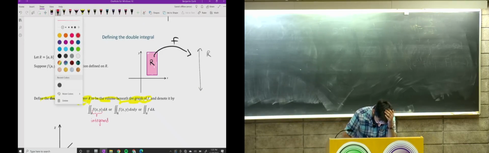Followed by dA, which is your differential area element.